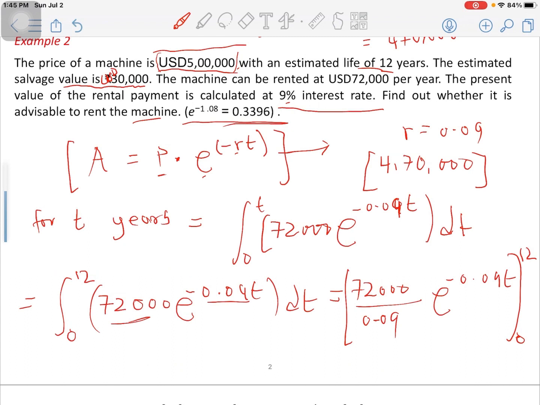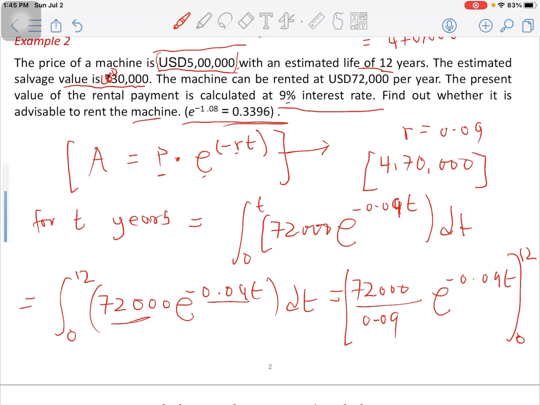And don't forget that we are doing this price comparison because at the end of the day, we want to get a profit as a company, right? We don't want to incur any kind of loss. So if I'm renting a machine, I'm going to pay 528,320 US dollars at the end of the 12 years. And if I buy it for 500,000, I can still sell it after 12 years for 30,000 to reduce the amount that I used. I think it's a good deal, right? And I'll gain enough profits.